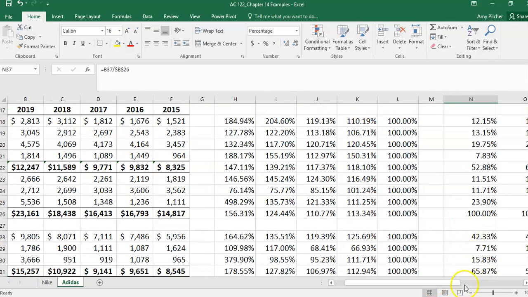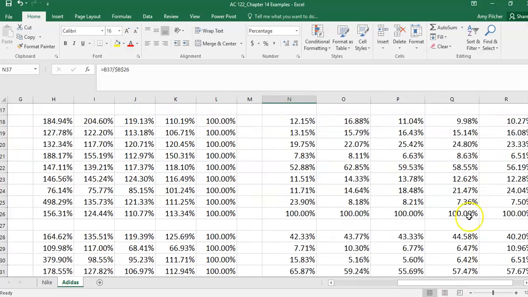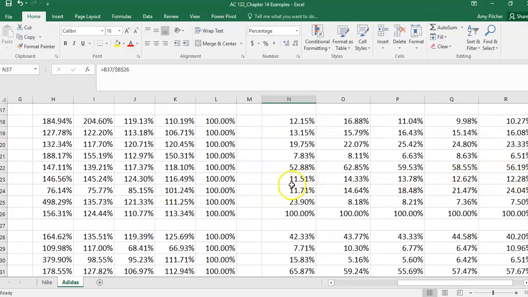We're fairly consistent each year in our percentage of assets to total assets. We don't have huge jumps anywhere in inventory amounts that are concerning. We don't have big leaps in other assets.